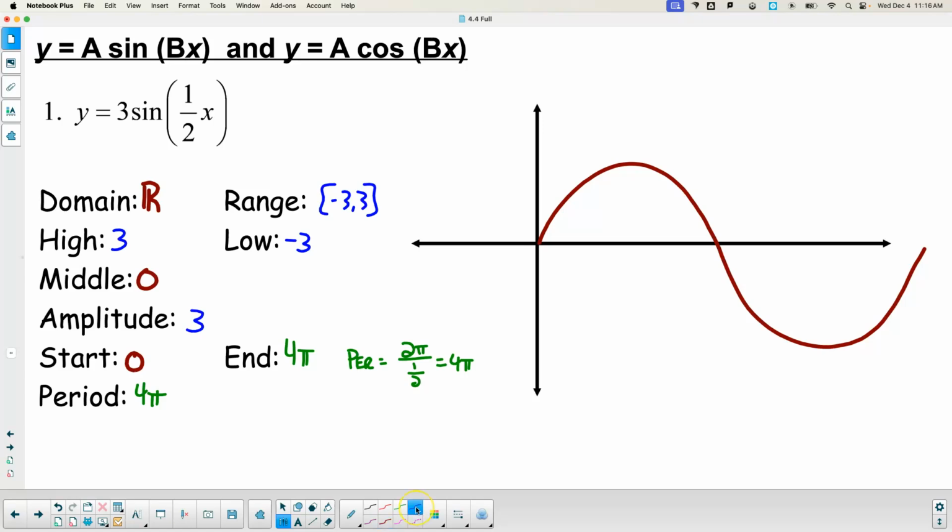That goes up to 3, goes down to -3. Agree? Yeah? Awesome sauce.